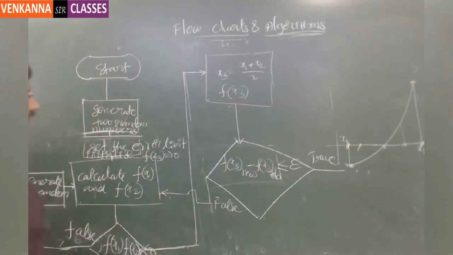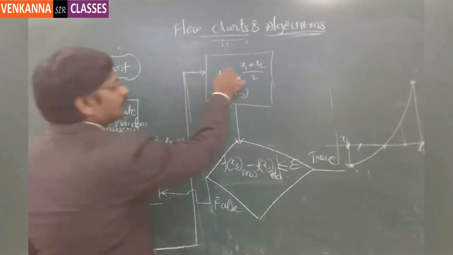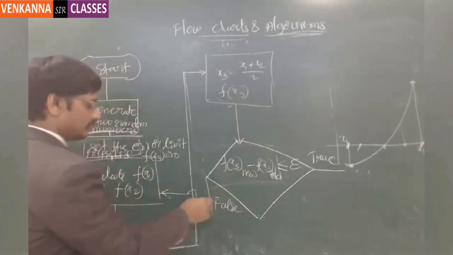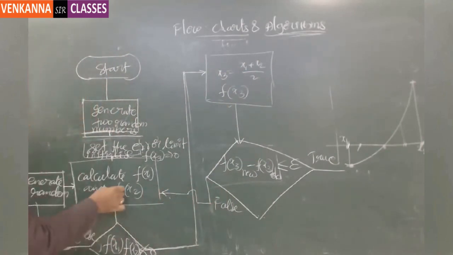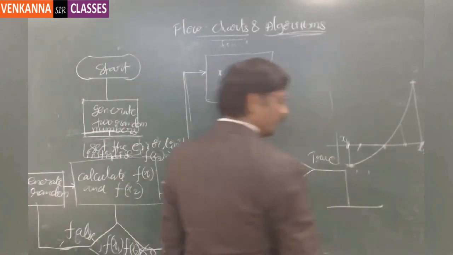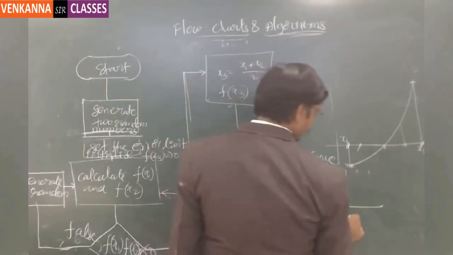Then again it continues, comes back to calculate the f of x3, checks for the error, and if it fails, again comes back, calculates this value and checks, and it continues. If the condition is true, then the error limit is reached, and you can stop the program.